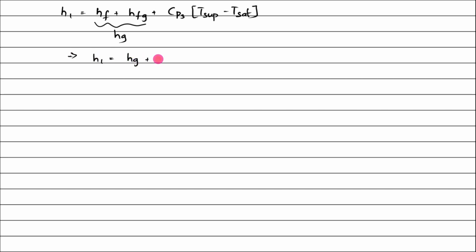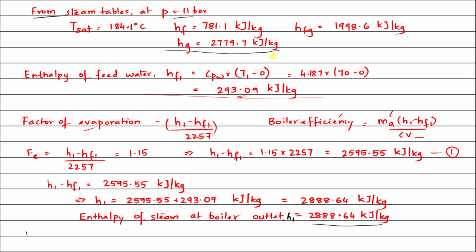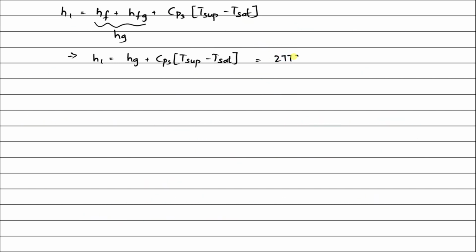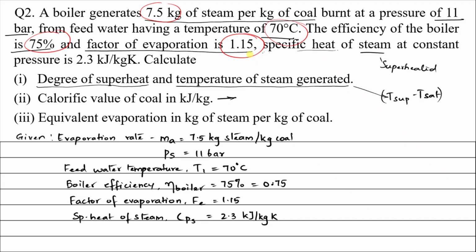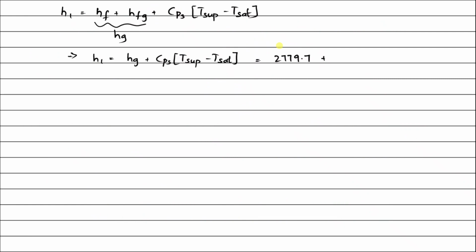So H1 equals Hg plus Cps into T sup minus T sat, that is 2779.7 plus the specific heat of steam, given as 2.3 kilojoule per kilogram Kelvin, into T sup minus T sat.